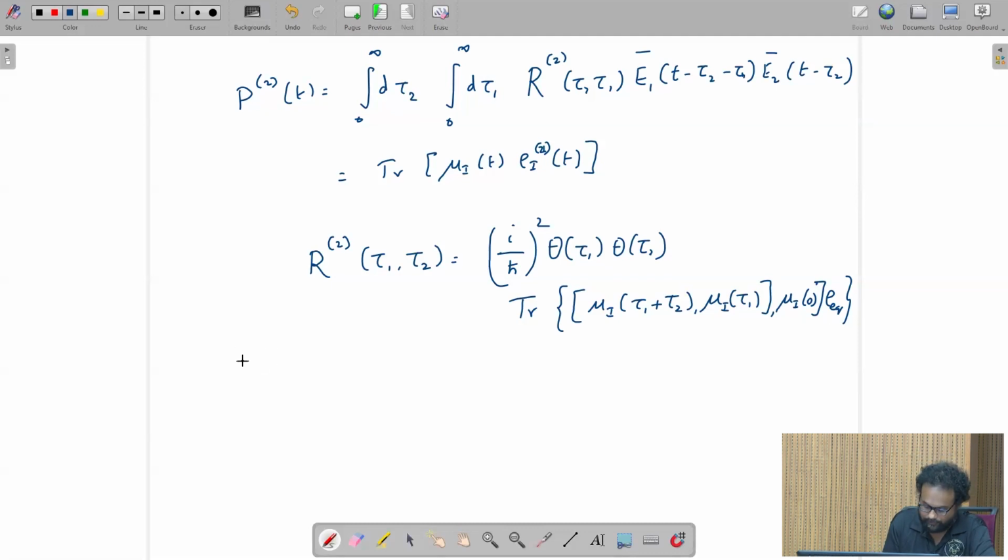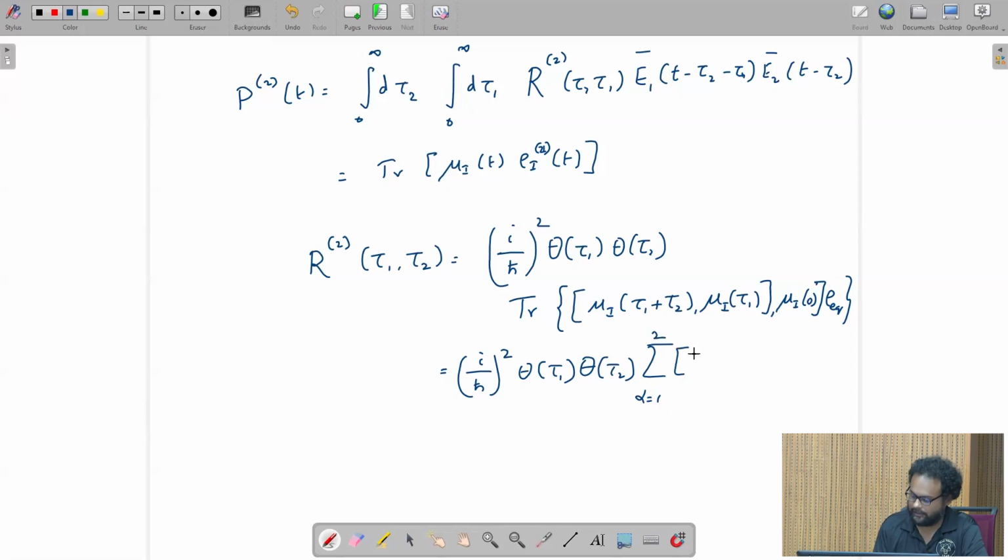And you can show that your R2 is i over h bar squared, theta of tau 1, theta of tau 2, sum over alpha, 1 and 2. I'm going to call these correlation functions for the second order Q. Q2 minus Q alpha star of tau 1, tau 2.